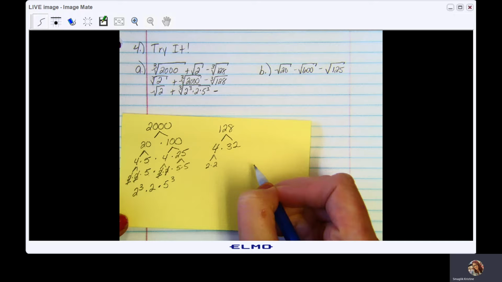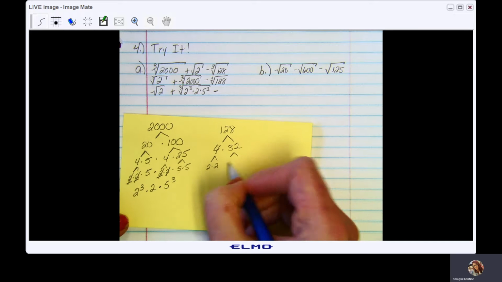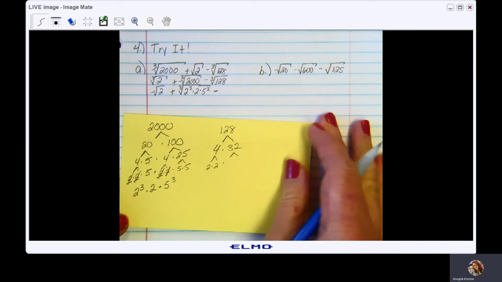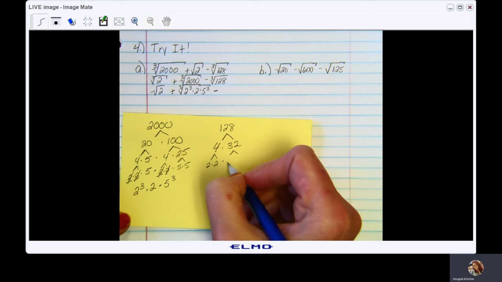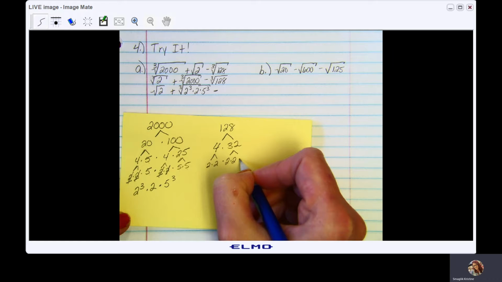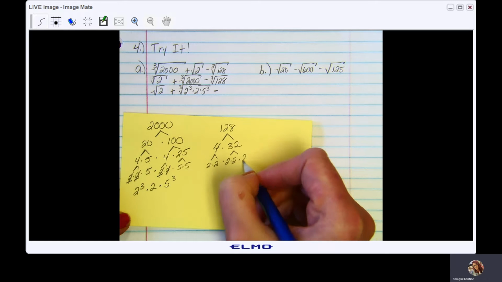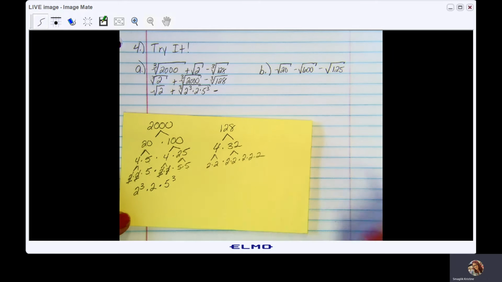2 times 2. And 32 is 4 times 8. So 4 is 2 times 2. 8 is 2 times 2 times 2. So now let's see, what do we have? And again, remember, you're looking for groups of 3.